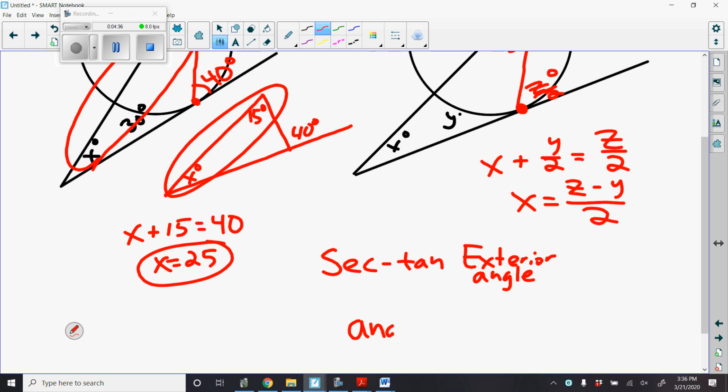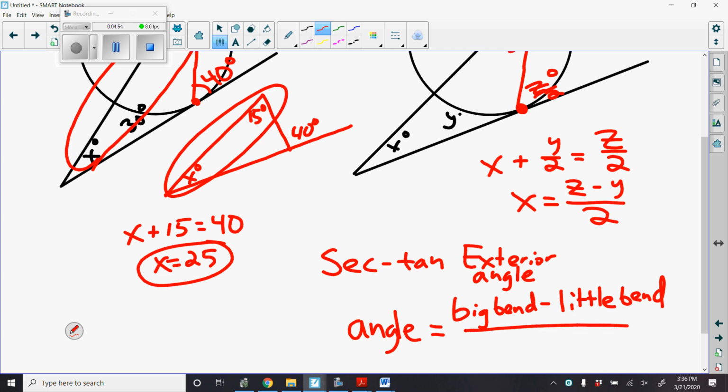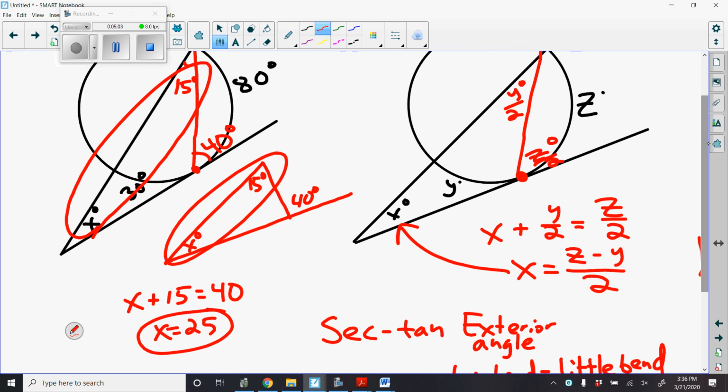Angle equals, once again, and this should remind you of day 5, big bend minus little bend over 2. Because again, x was my angle, z was my big bend, and y was my little bend.